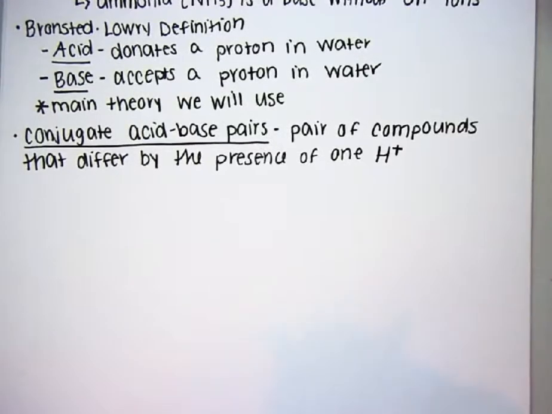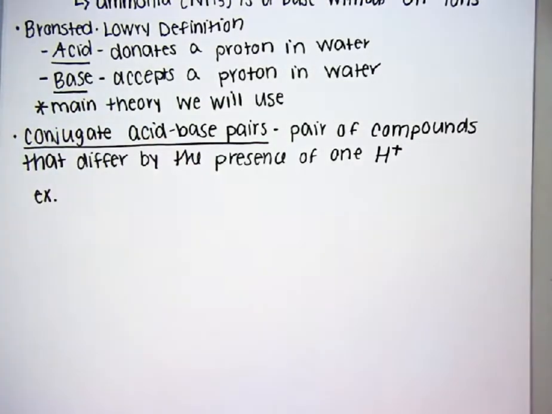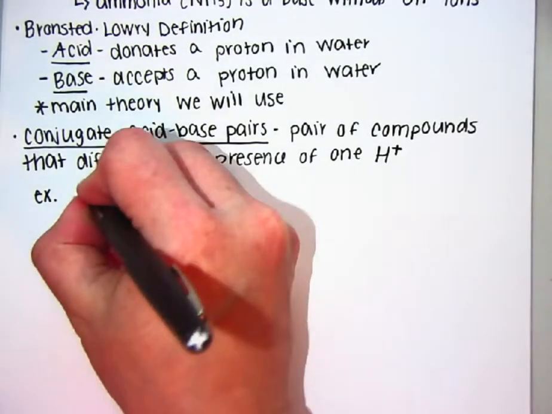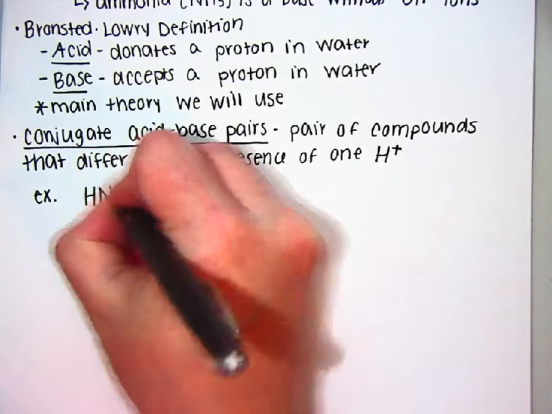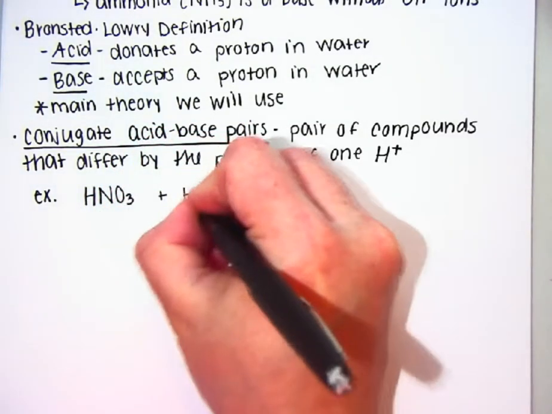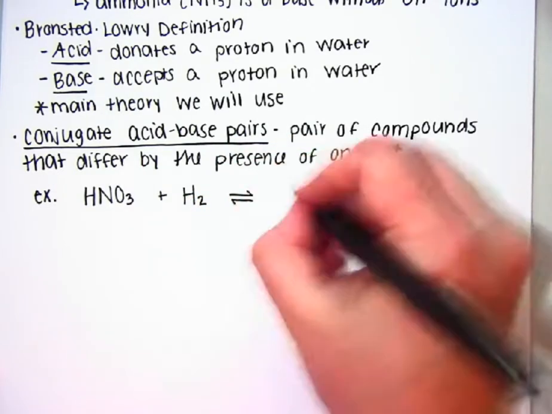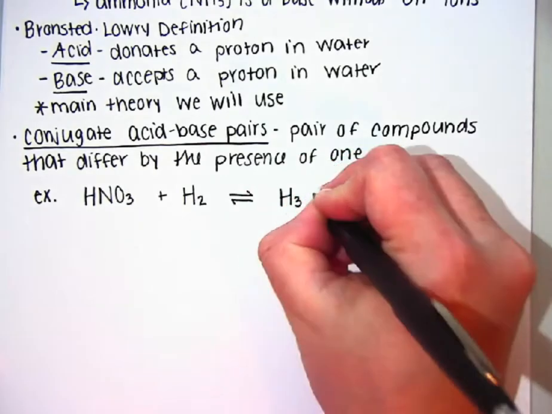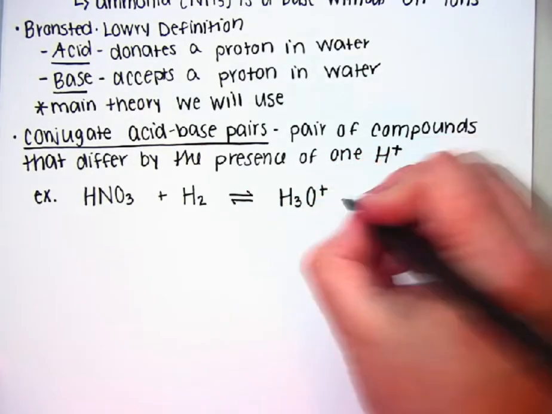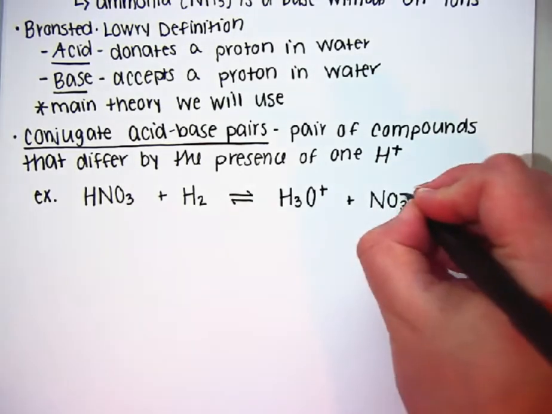So let's look at an example where you're going to have to pick out the acid and the base and then also identify our conjugate acid-base pairs. HNO3 plus H2O yields H3O plus and NO3 minus.